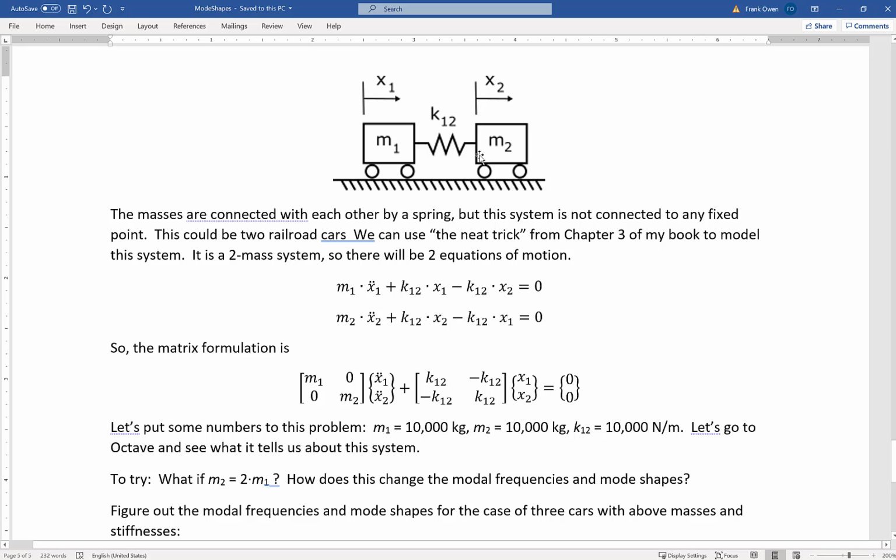I'm not going to go over that procedure here, but I've used that to derive the equations of motion for this system here.